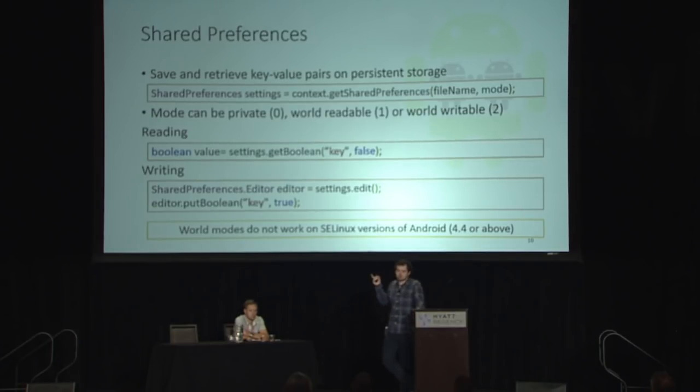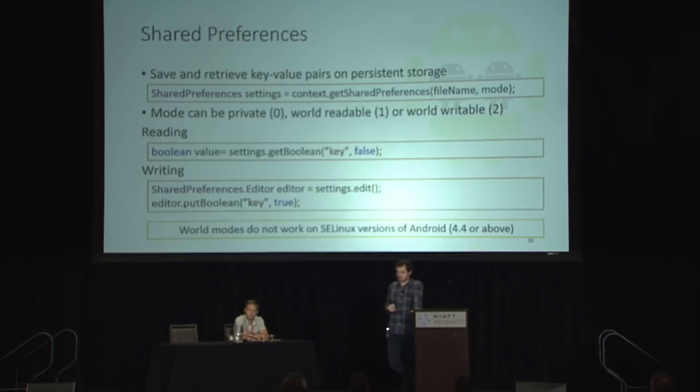So if a developer wants to create a shared preferences file, he just needs to create an instance of a SharedPreferences object and call the getSharedPreferences method from the context of the application. The developer only needs to provide two variables. The first one is the file name, where the preferences will be stored, and the second one is the mode.